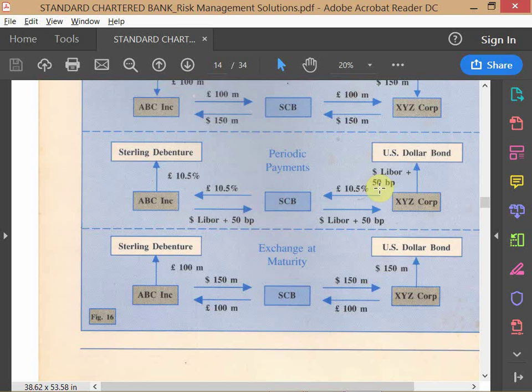XYZ Corp in the middle panel. Wake up, everybody. So that 10.5% LIBOR plus 50 basis points. No. Rahul, what is XYZ Corp's net cost of funding after doing the hedge? In what currency? In the middle panel.